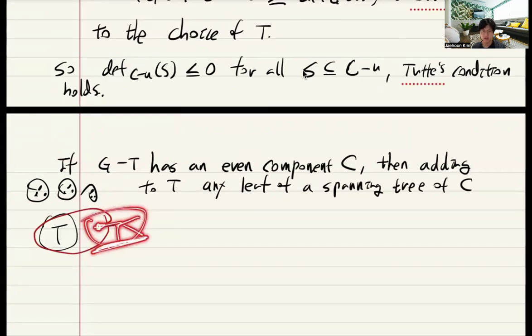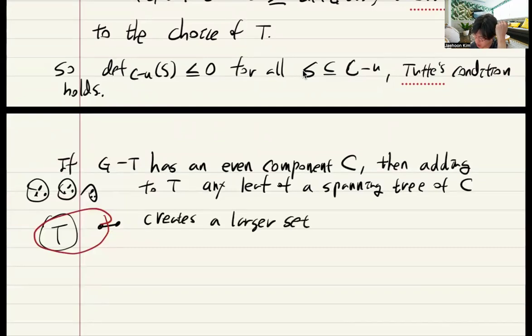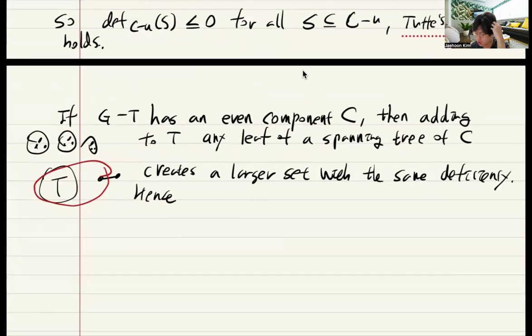You take one leaf and then you just add it to T, then the remaining thing is still connected. So it is still a component. This creates a larger set with the same deficiency. Hence, this is a contradiction to the choice of T, so hence G minus T has no even component.